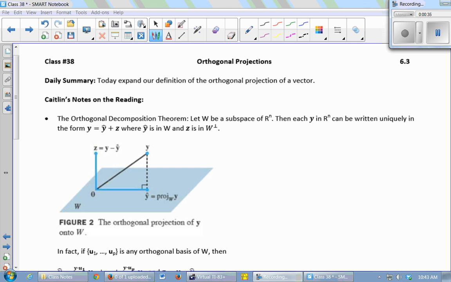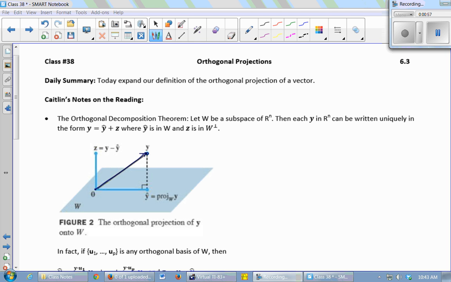The orthogonal decomposition theorem basically says if you have some subspace W, which I've drawn as a plane, so we can picture it in R3, and once we leave R3, you can't really picture it. For any y in Rn, so here's my vector y, going from the origin in the direction of y, right?